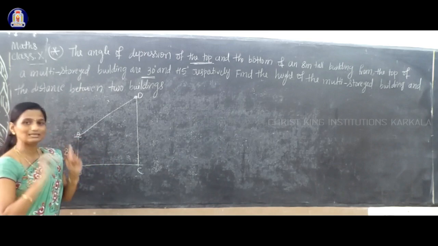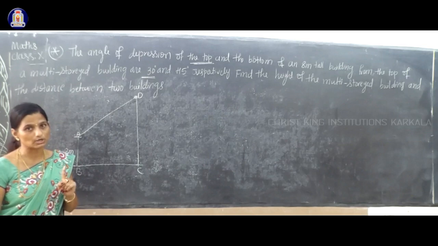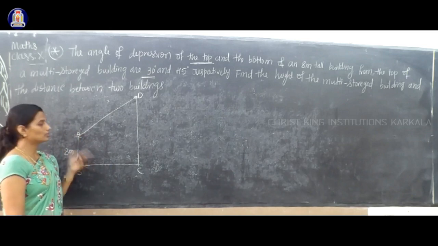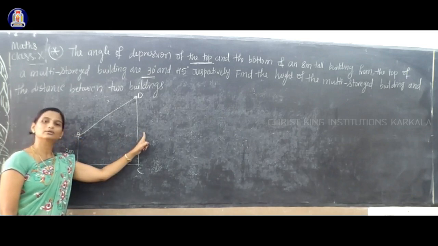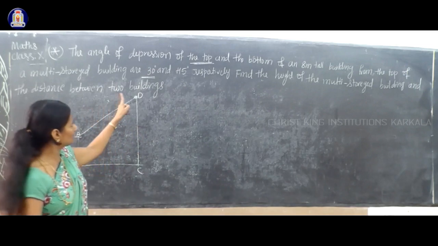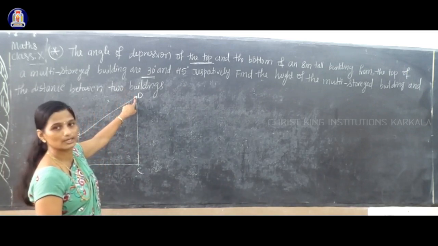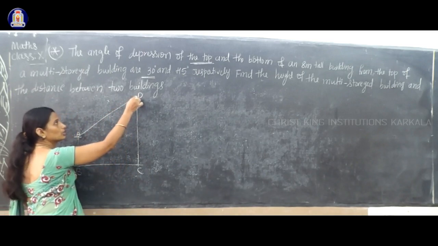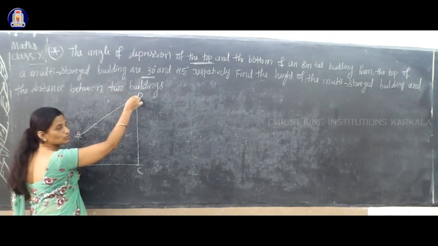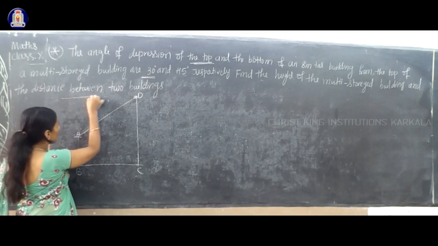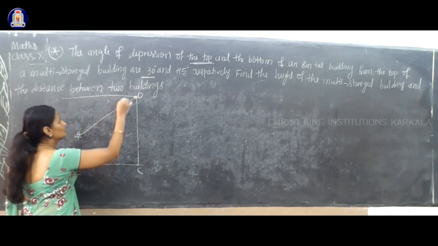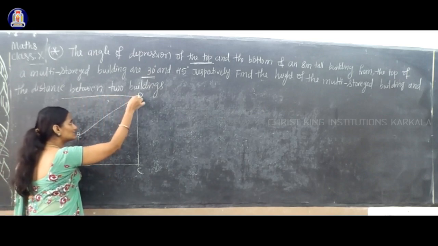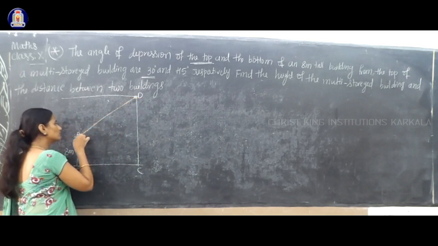So now to mark this 30 degree, there should be a horizontal line. Is it here? No. Where? It is from this point. From this point means here is the observer. So this is your horizontal line. This is the line of sight.